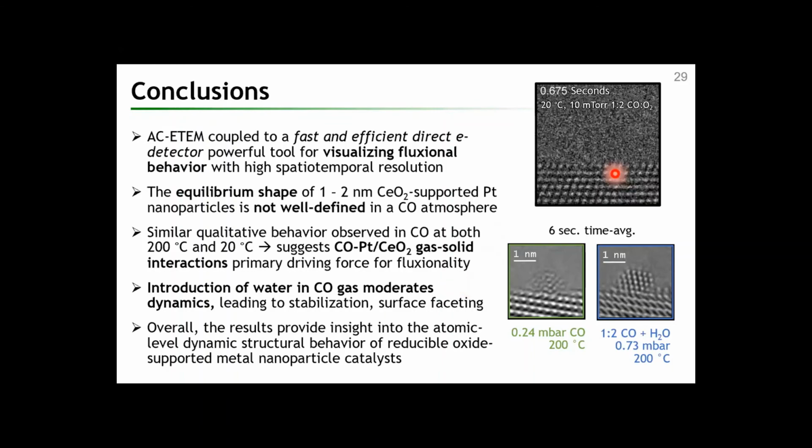Also, the two observations in CO were done at two different temperatures: this one at 200 and this one at 20 degrees. The similar qualitative behavior leads us to believe that the carbon monoxide–platinum-on-ceria gas-solid interaction is the driving force for this dynamic reconfiguration, and not necessarily the temperature.